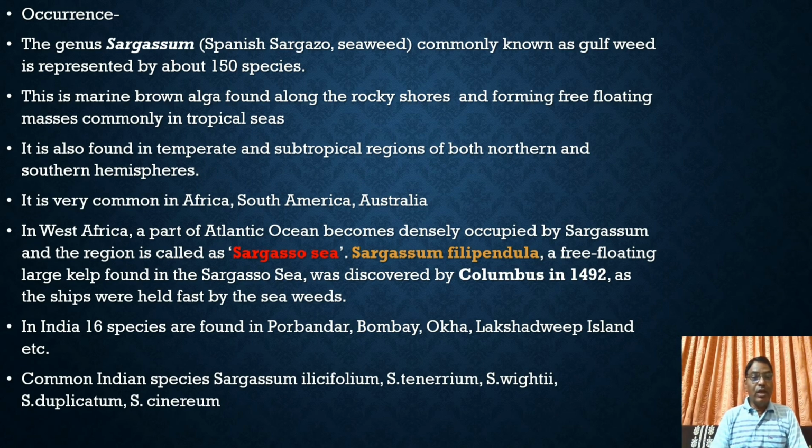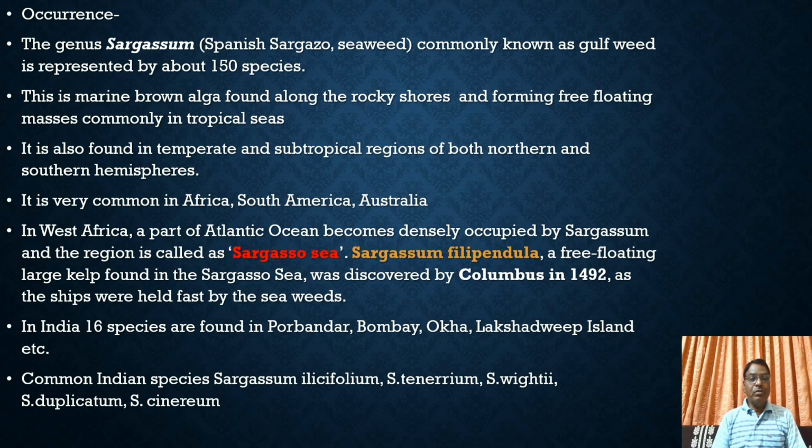This alga is also found in temperate and subtropical regions of both northern and southern hemispheres. So the alga is very common in the form of free-floating masses in tropical oceans, but some of the species of Sargassum are also growing in temperate and subtropical regions of both northern and southern hemispheres.